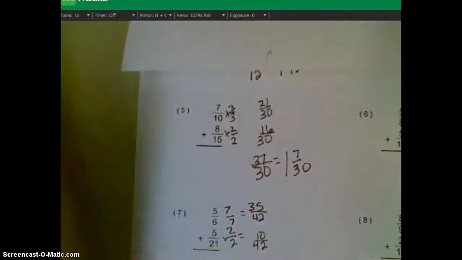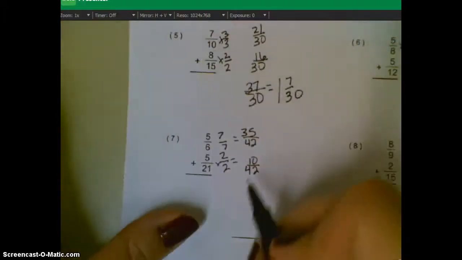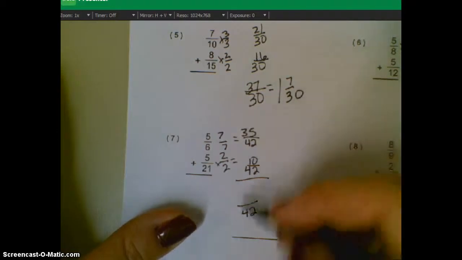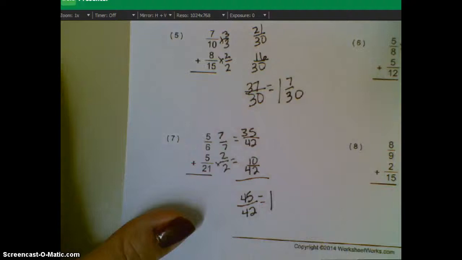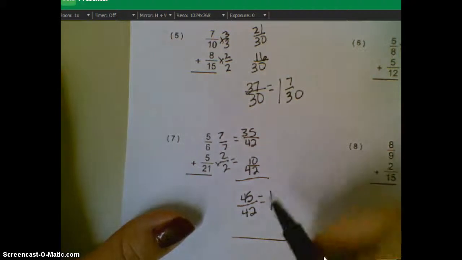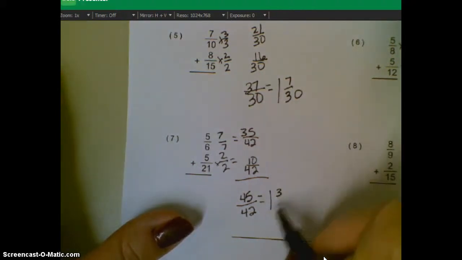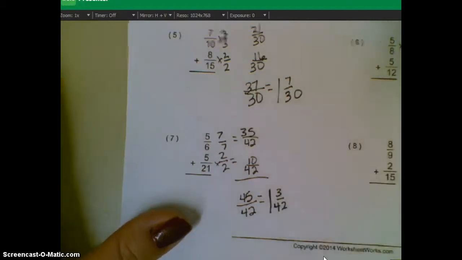We can just add straight down. Get our denominator of 42. Add our numerators. 35 plus 10 is 45. We can take out 1 whole number, and when we do 42 out of 42, we get 3 left over. 1 and 3/42. Another strange looking fraction.